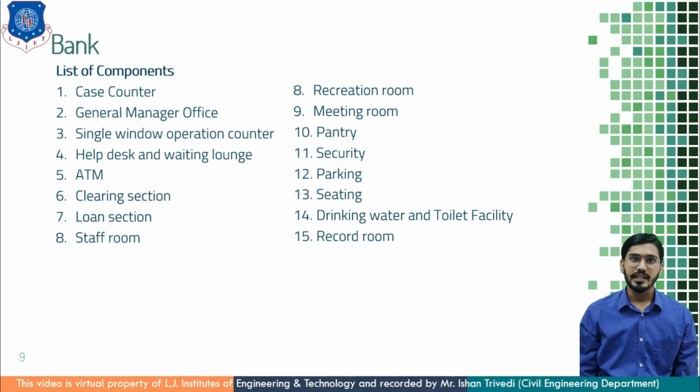These activities can be done easily. Then help desk, waiting lounge, ATM, clearing section, loan section, staff room, recreation room, meeting room, pantry, security, parking, sitting, drinking water and toilet facilities, and record room.